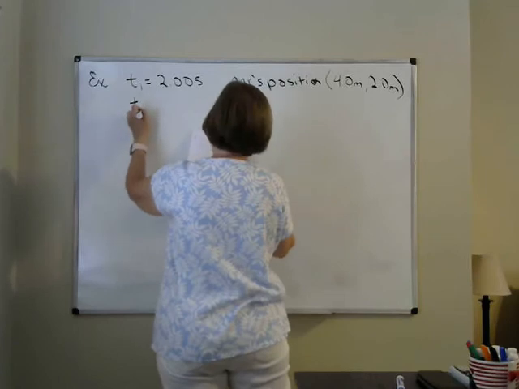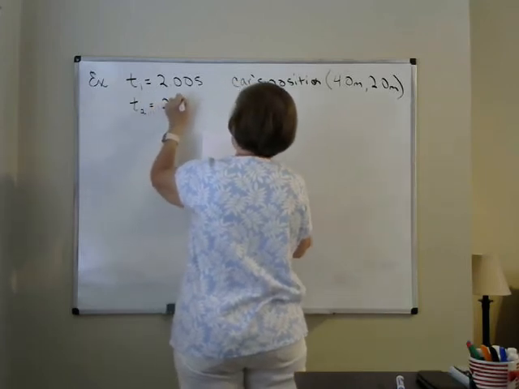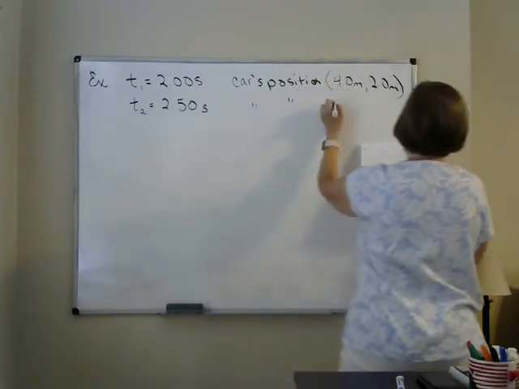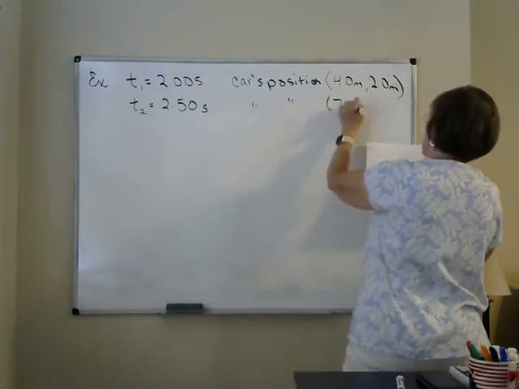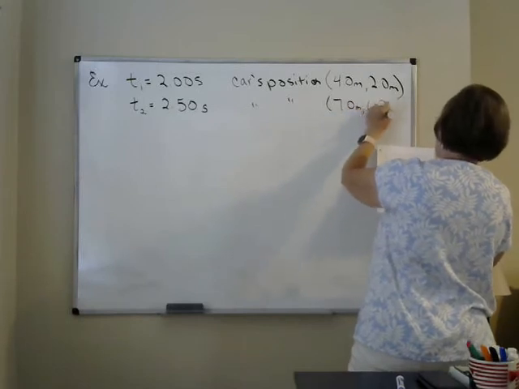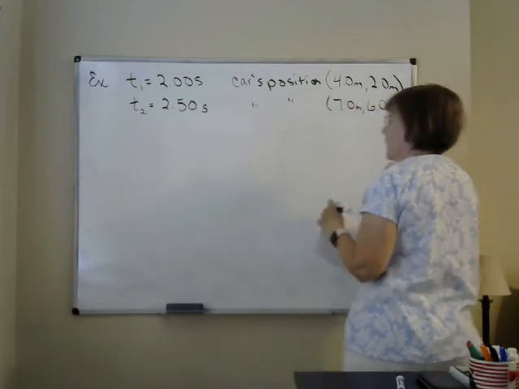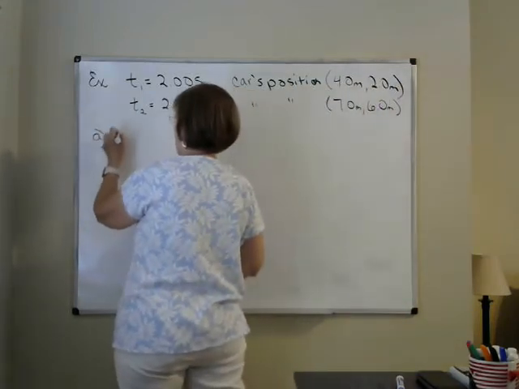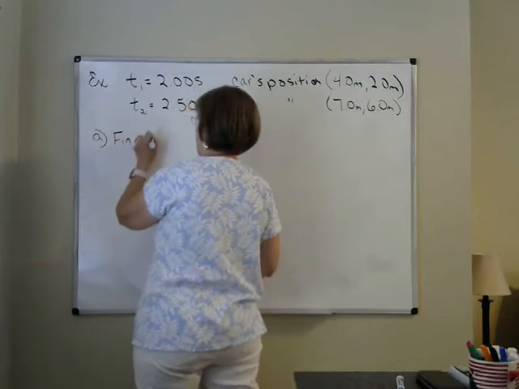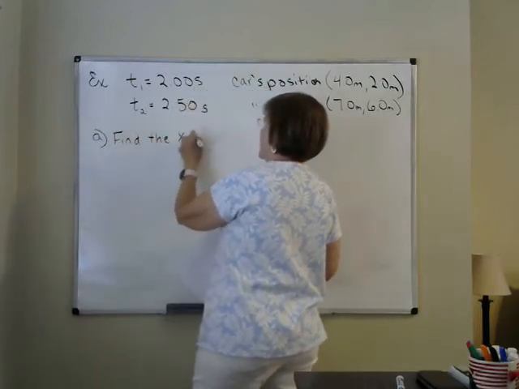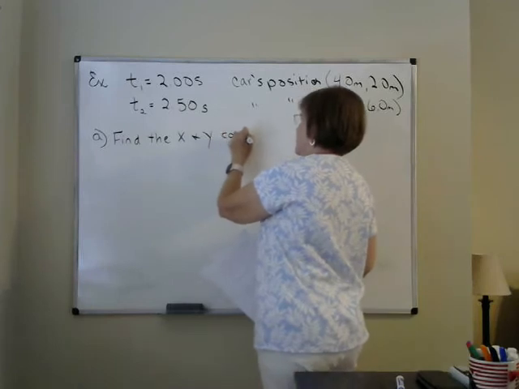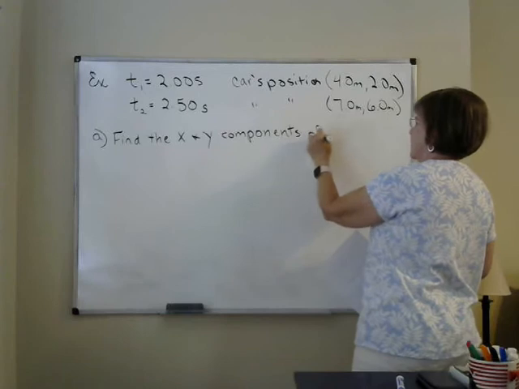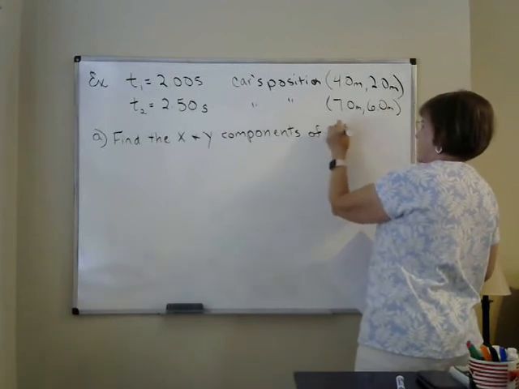At the second time, which happened to be at 2.50 seconds, the car is in a new position. Now it's at 7.0 meters, 6.0 meters. Okay, so we want to find a couple of things. First, let's find the x and y components of the average velocity.